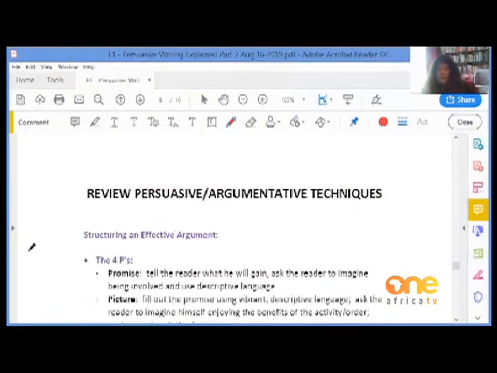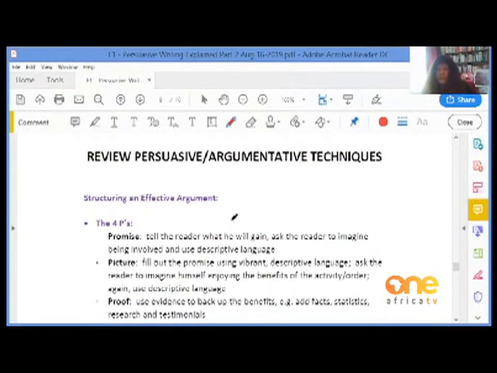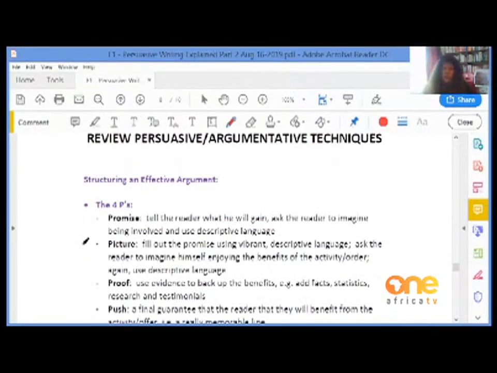Okay? Right, if you're structuring an effective argument, you've got the 4 P's that you learned about in your book. The promise, the picture, the proof, and the push. Okay? You are kind of really in the promise. You're telling the reader what he'll gain. Okay? And you're going to use a bit of descriptive language there. The picture of what you're arguing about. Also, again, descriptive language.